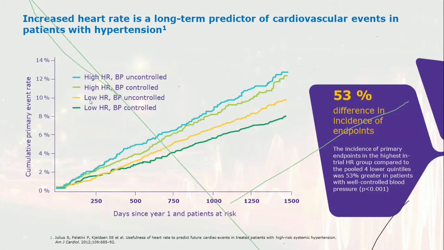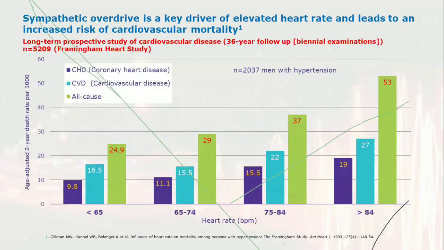Now, when we look at the heart rate in our patients, we'll find that if the heart rate is low, they have a much better prognosis as compared to those who have a higher heart rate. So we need to control the heart rate, and all of us who are treating patients with hypertension and heart failure know that in heart failure especially, we need to keep the heart rate down. That will reduce the incidence of events in them. That will also reduce the incidence of rehospitalization in these patients.